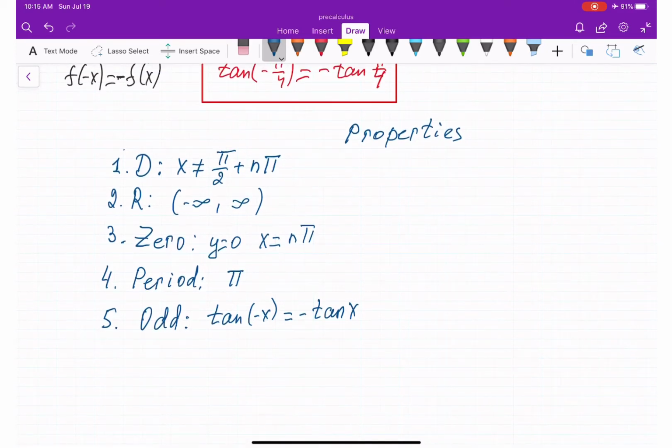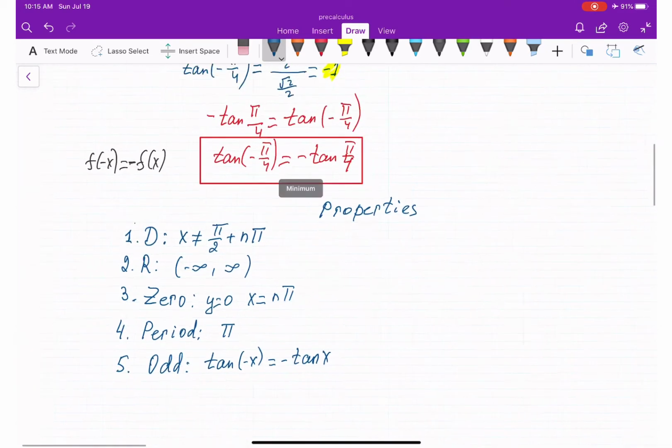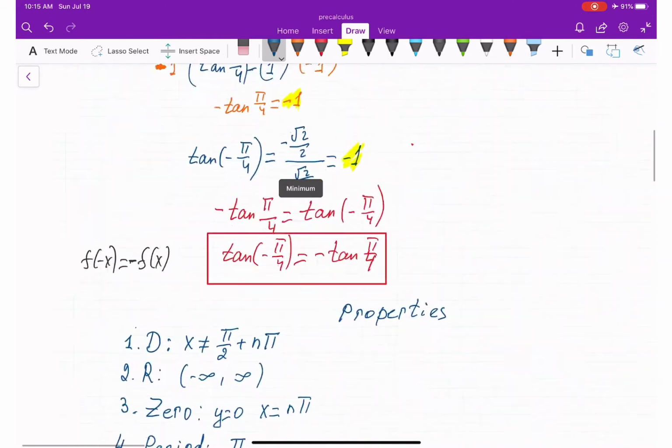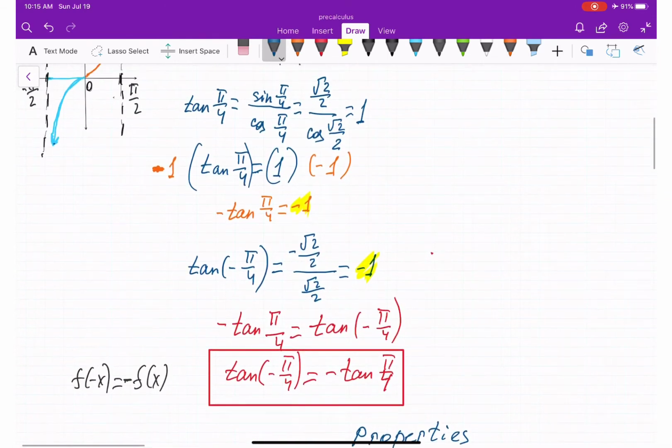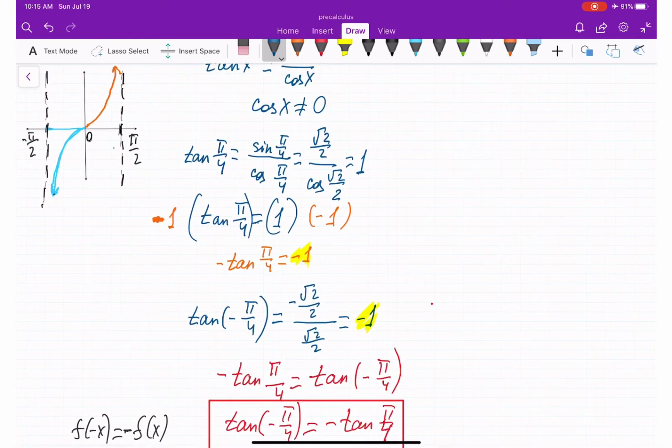Increasing. Okay, if I have the number line going from left to right, yes? So from negative half a pi to positive half a pi, do you see anywhere it is decreasing? So first it's coming from negative infinity to 0, and then from 0 it's going to positive infinity.